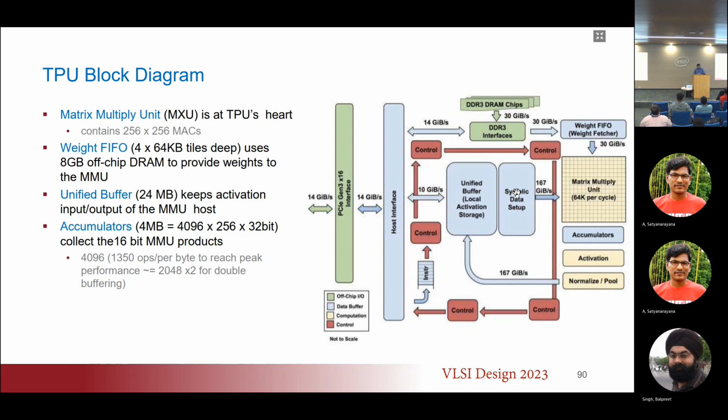That's the yellow shaded area. To drive the MXU, you had the weights coming from here, and you had the data coming from there. You multiplied that, and then you accumulated. You applied the activation function, which is the nonlinear function. Then you normalize, and then you write the result back into here, and then you go again.